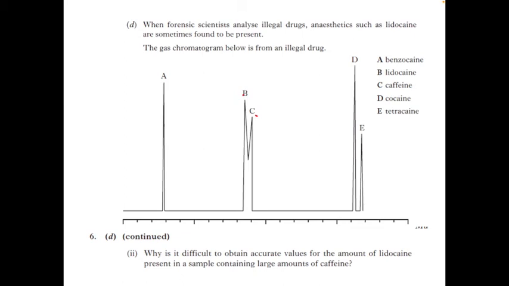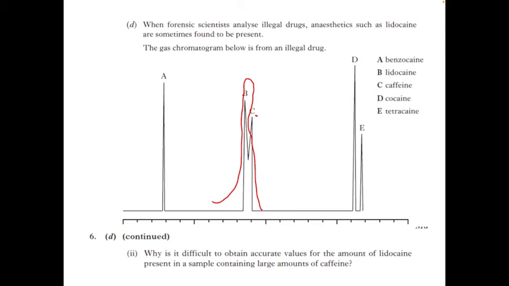But what actually happens is because those two are so close in retention time, if you had a large amount of caffeine, then that could actually overlap and could maybe look something a wee bit like that. You wouldn't actually know which one it's referring to.